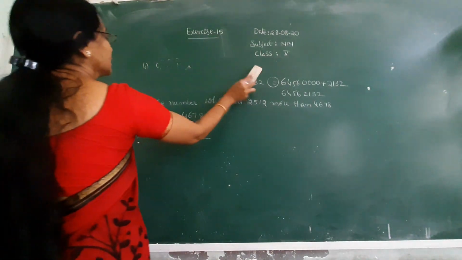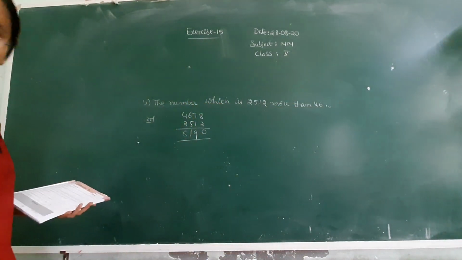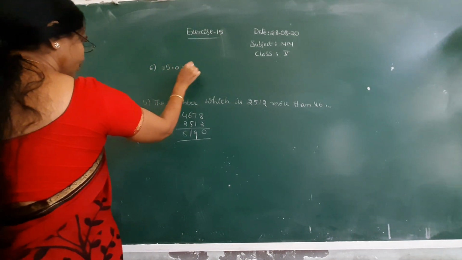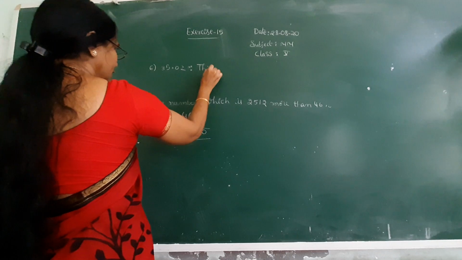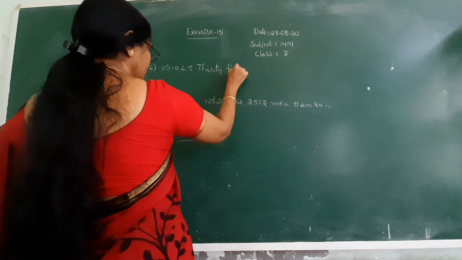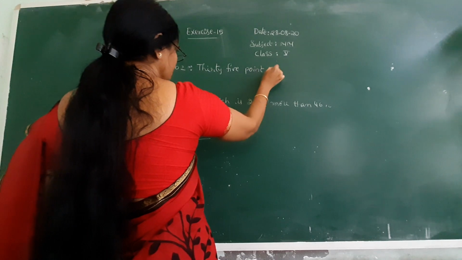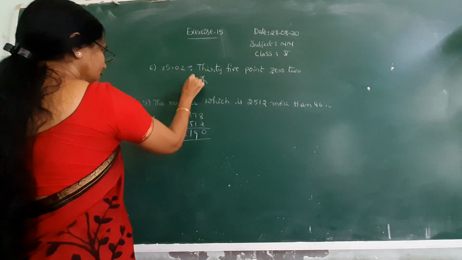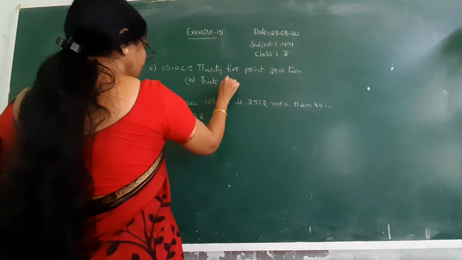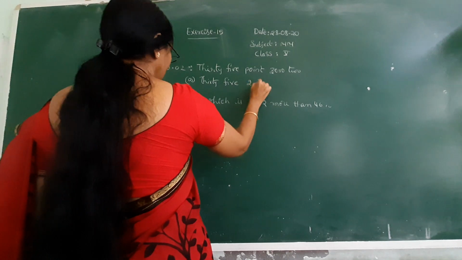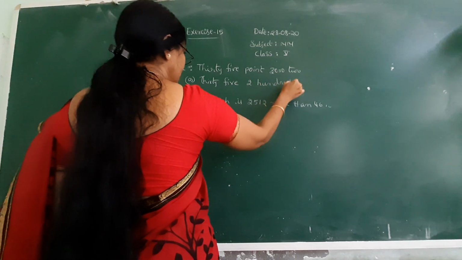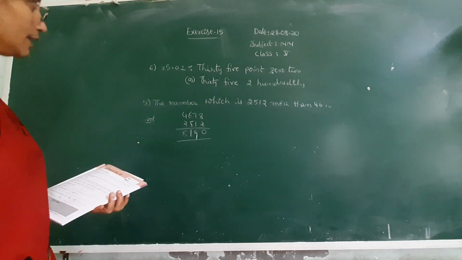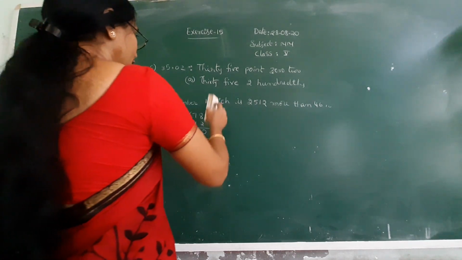Write in words. They given decimal number and they are asking to write in words. 35.02. See, this is 35.02, or else you have to write 35 and 2 hundredths. 2 is in the hundredths place, that is 2 hundredths.